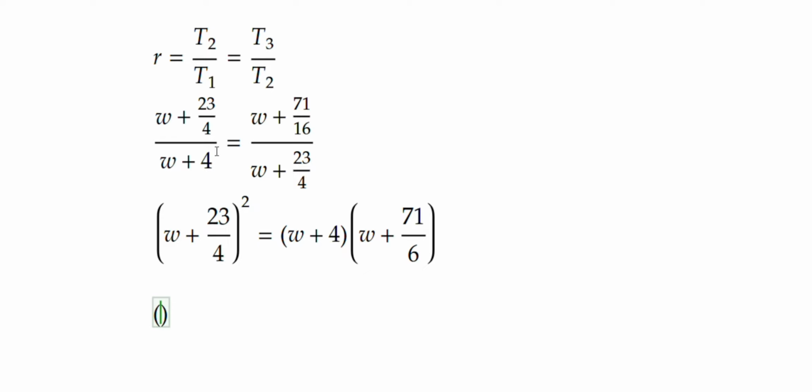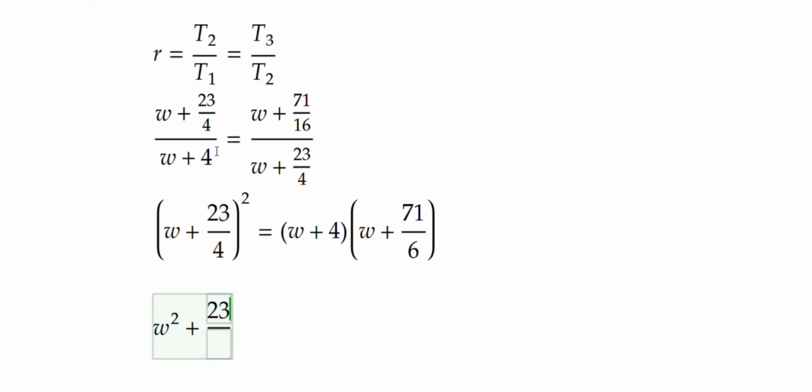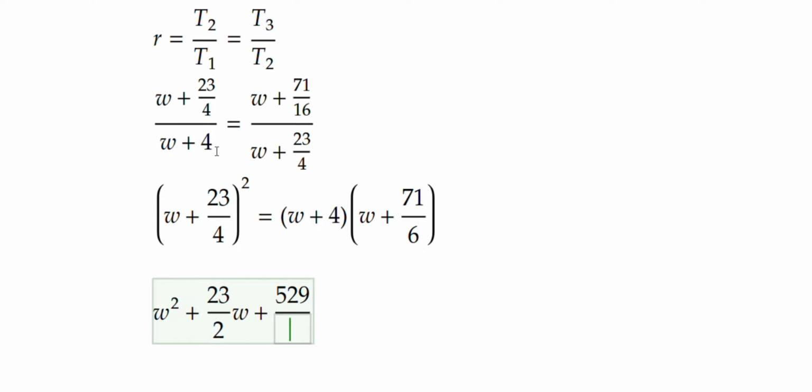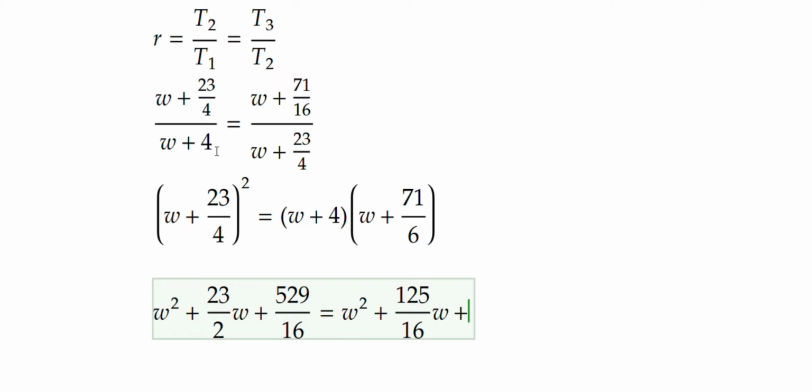The first term is W squared plus 23W over 2 plus 529 over 16, this being equal to W squared plus 135W over 16 plus 71 over 4.